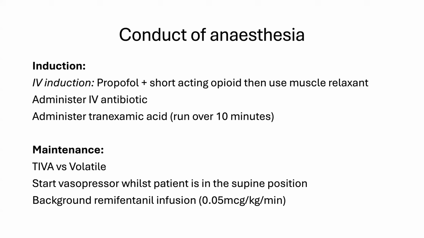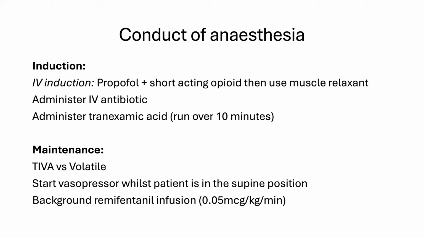Then for maintenance, you can choose whether you're going to go for a total intravenous anesthetic using a specific TCI model or using a volatile anesthetic. What I've found is much easier at times is to run a volatile anesthetic with a background remifentanil infusion.